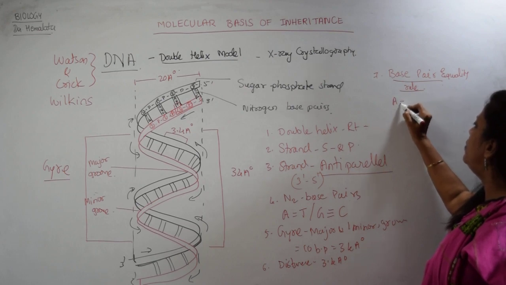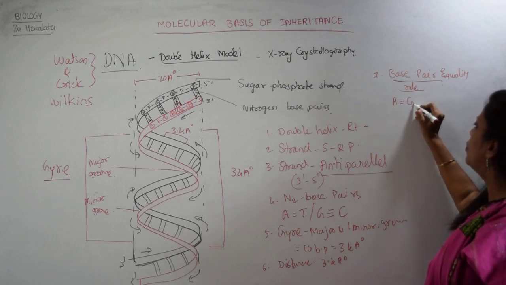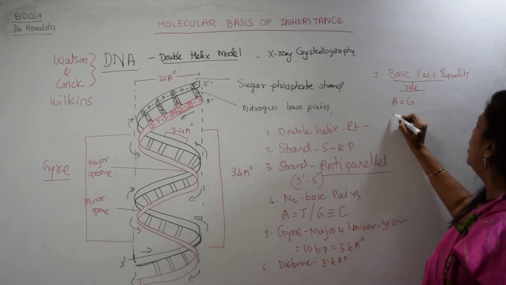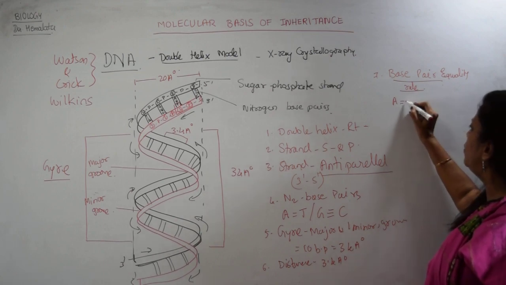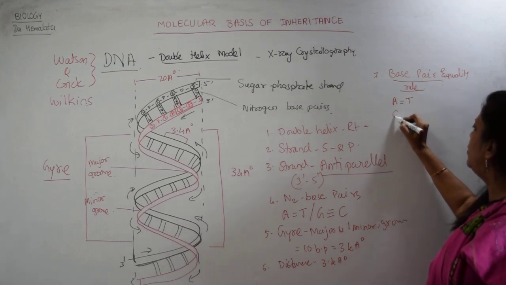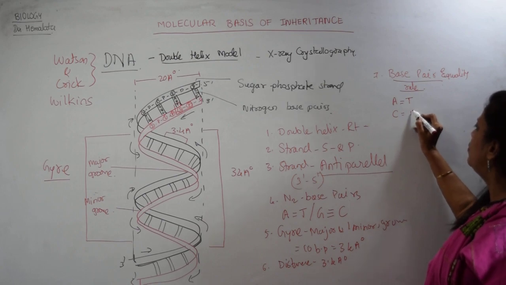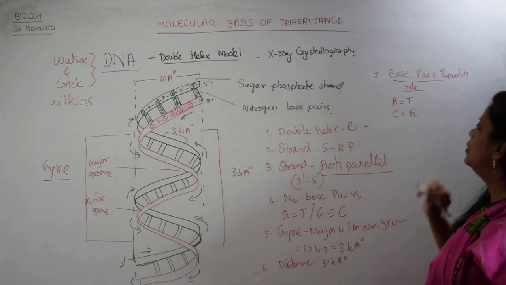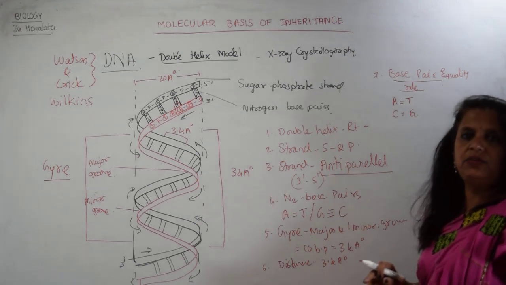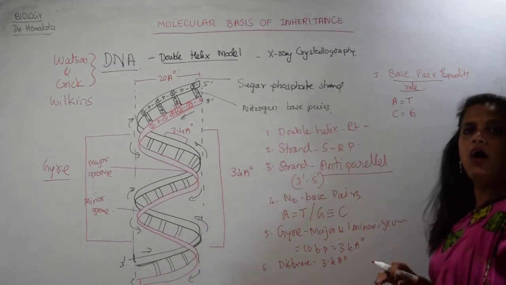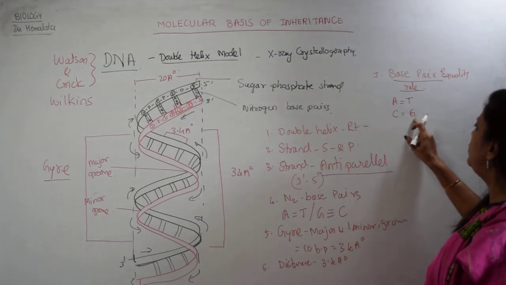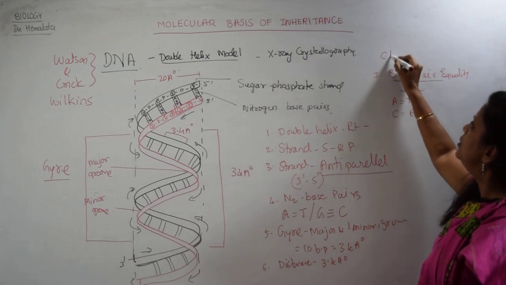Number of adenine will be equal to number of thymine, and number of cytosine will be equal to number of guanine. Means however much adenine is there, so much will be thymine. However much cytosine is there, so much will be guanine. This is called Chargaff's rule.